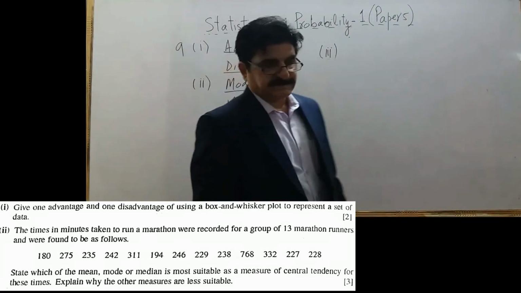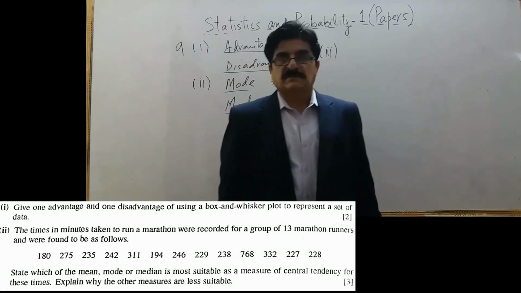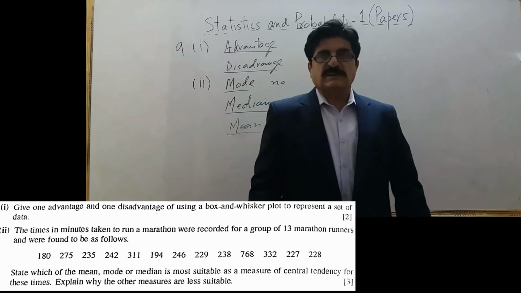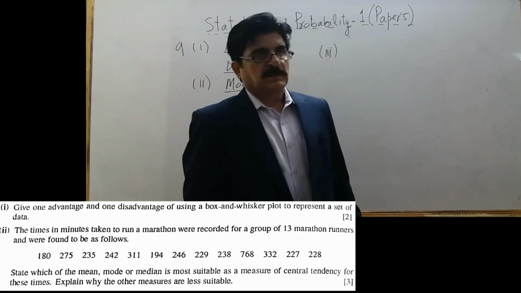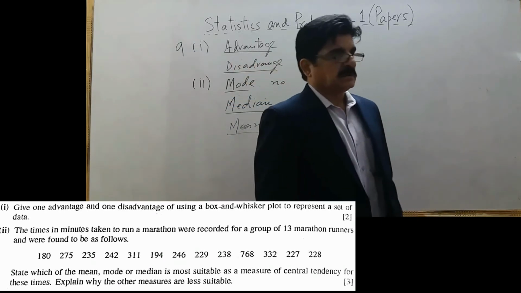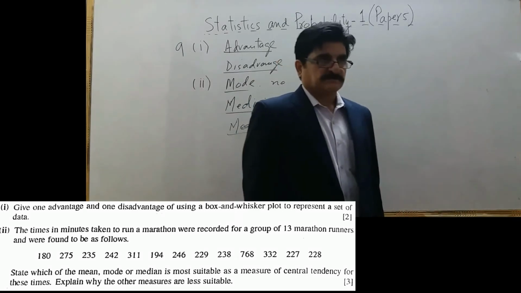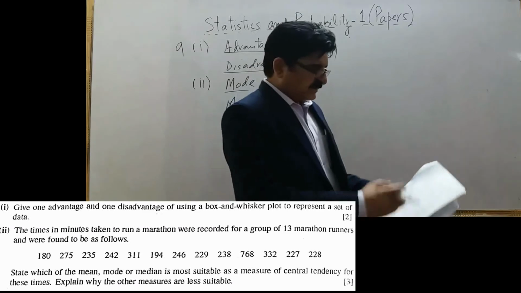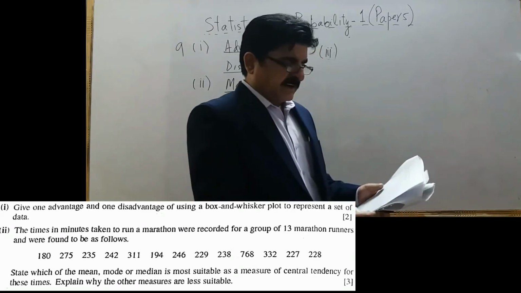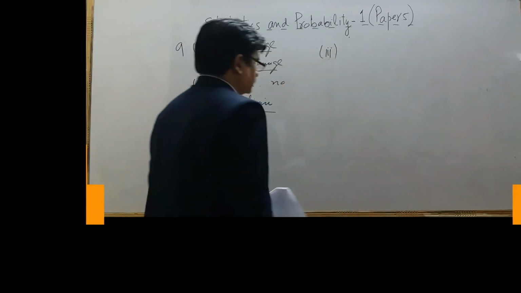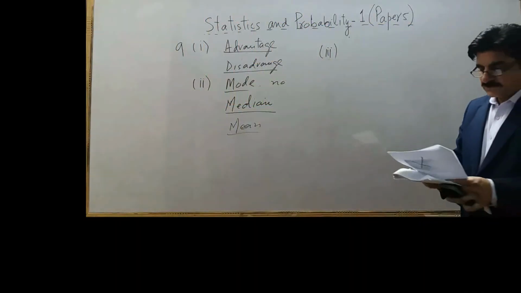Then we have the third part. Very interesting part. The data is very large. If you just look at the data, you will be worried in the exam about how you will draw the box and whisker plot. But if you carefully see the data, you will see that the data is already arranged in ascending order. Now consider the first row.